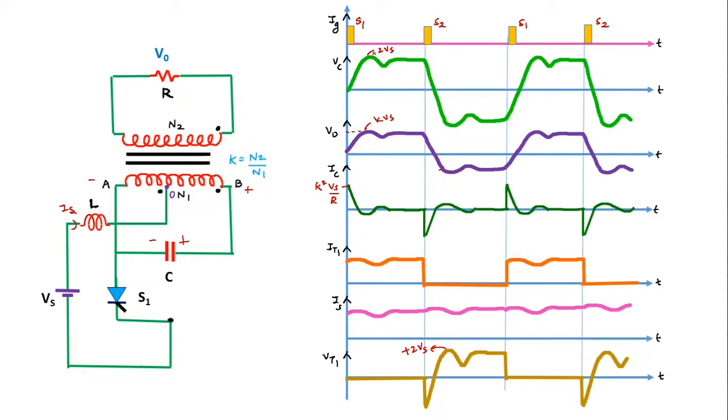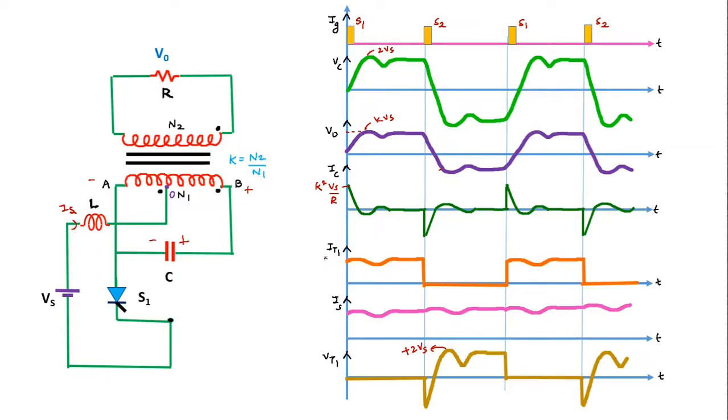So the capacitor maximum voltage will be equal to plus 2 Vs here, and the load voltage will be equal to K into Vs. So we get the maximum load voltage equal to plus KVs, and we have found out the peak discharging current is equal to K square into Vs by R. Here the peak capacitor current will be equal to K square Vs by R. When the capacitor voltage reaches its maximum value of 2 Vs, at that time the capacitor current goes to 0.